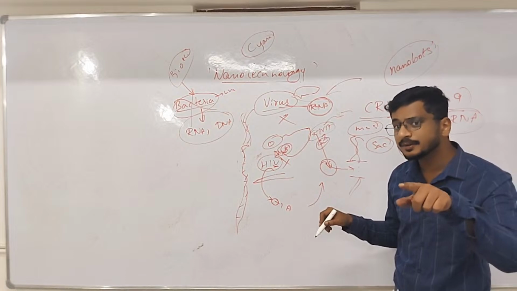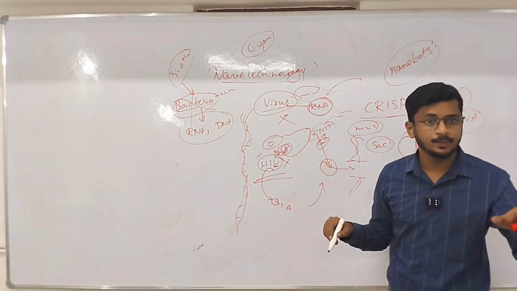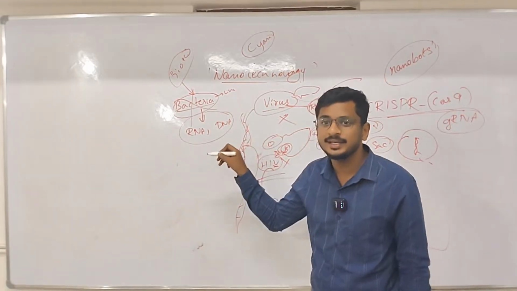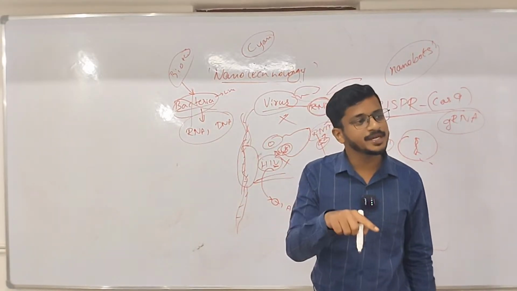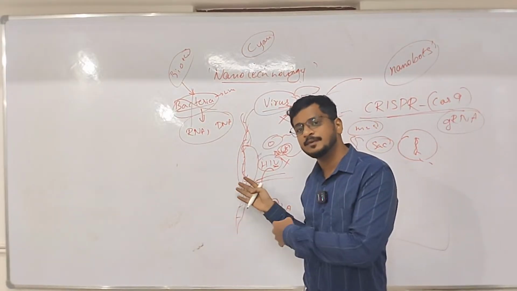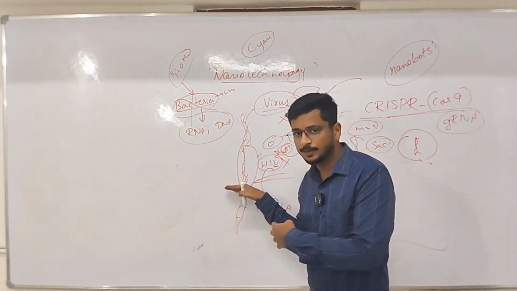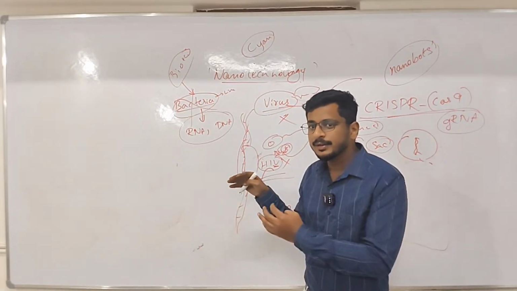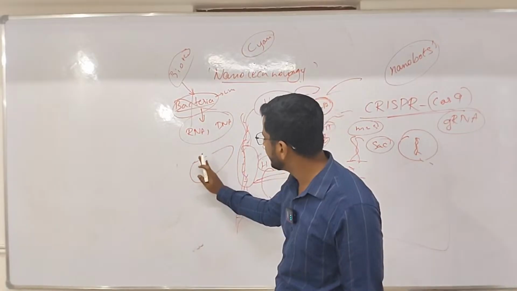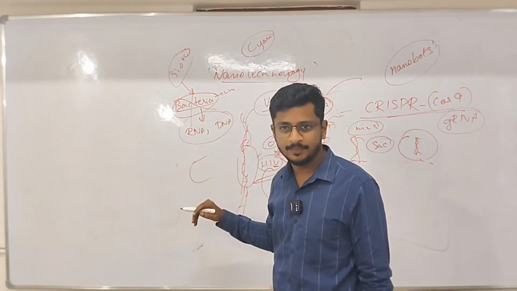What causes the growth? Mutation. Mutation means there is some change in the DNA. If there is some change in the DNA, the next upcoming cells will replicate in the same way. If we don't stop it, the organ, for example liver, if I cut it, it will grow again.